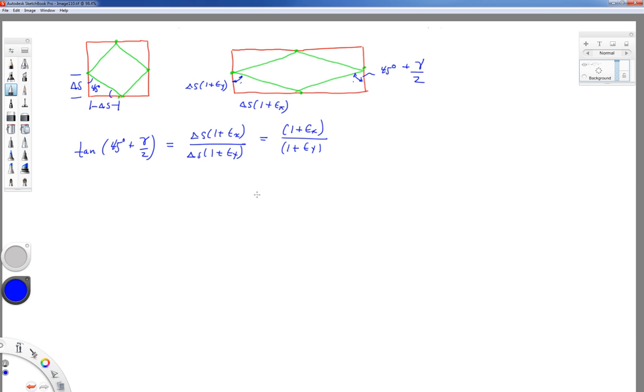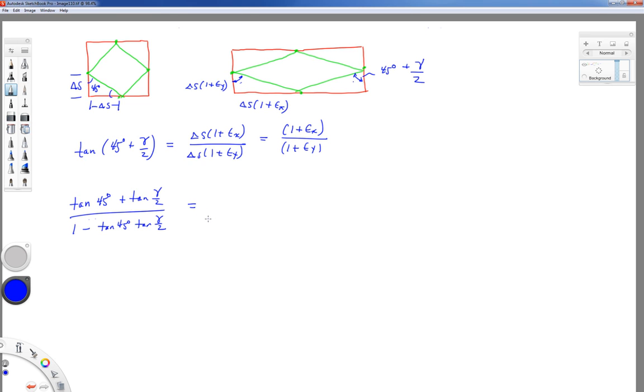Now there's a formula in trig that deals with the tangent of two angles that are added together. We can expand this out a little bit and rewrite this. It's the tangent of the first angle plus the tangent of the second angle divided by 1 minus the tangent of the first angle times the tangent of the second angle. We can do a little bit of simplification on this.